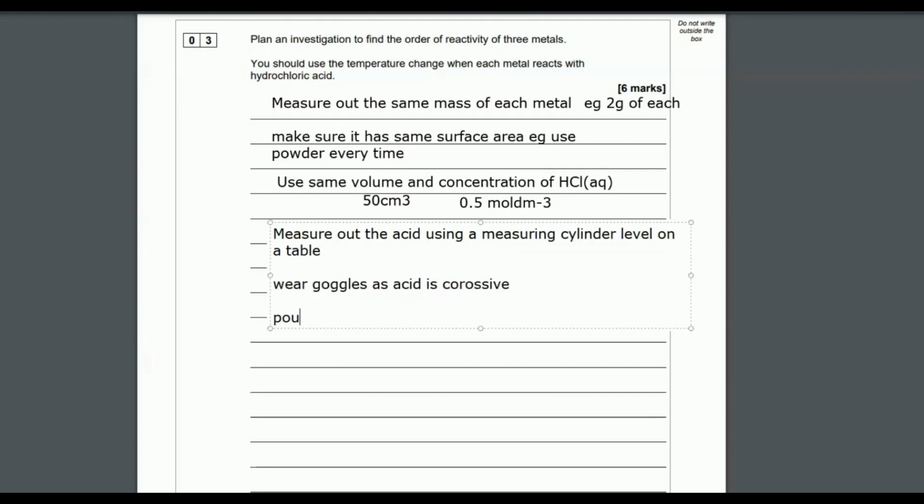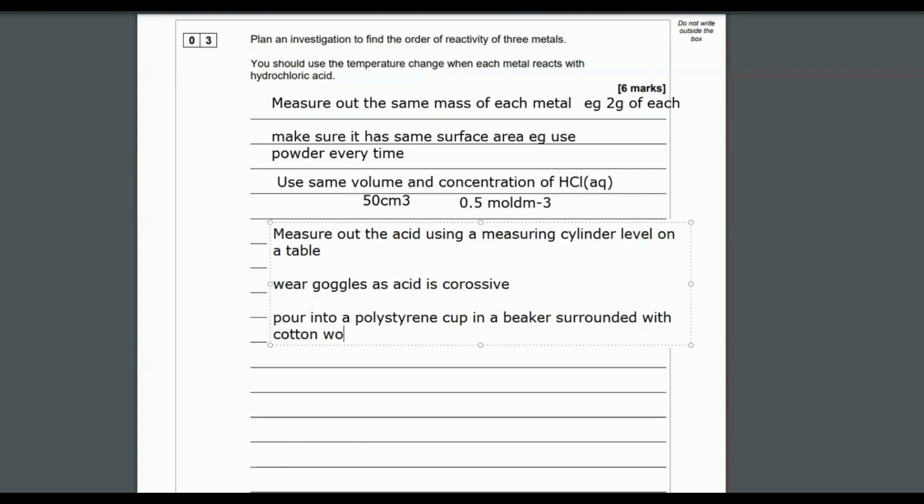Pour into a polystyrene cup. Why are we putting acid in a polystyrene cup? It's because it is a good insulator. So put that in a polystyrene cup in a beaker surrounded with cotton wool.